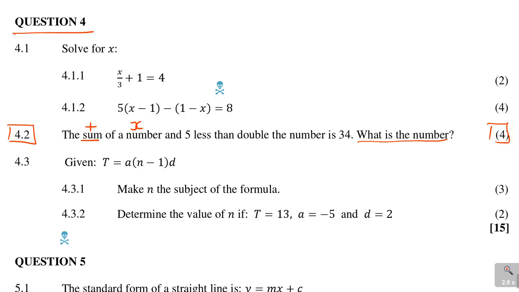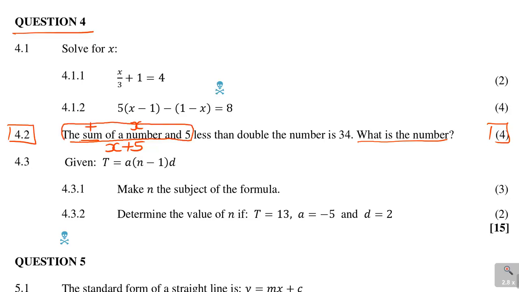The sum of a number and 5 means you are adding that number, which is x, and 5. So this statement on its own is giving us x plus 5.